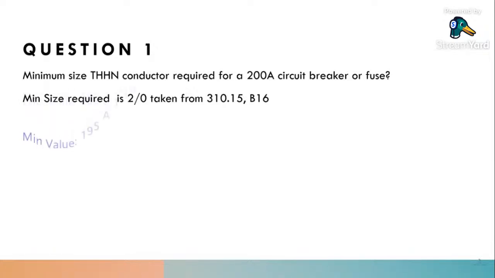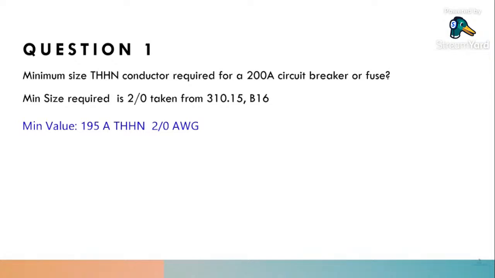If we go back to Article 240.4, we would understand that when you're sizing conductors for less than 800 amperes, the breaker size can be greater than the size of the conductor.